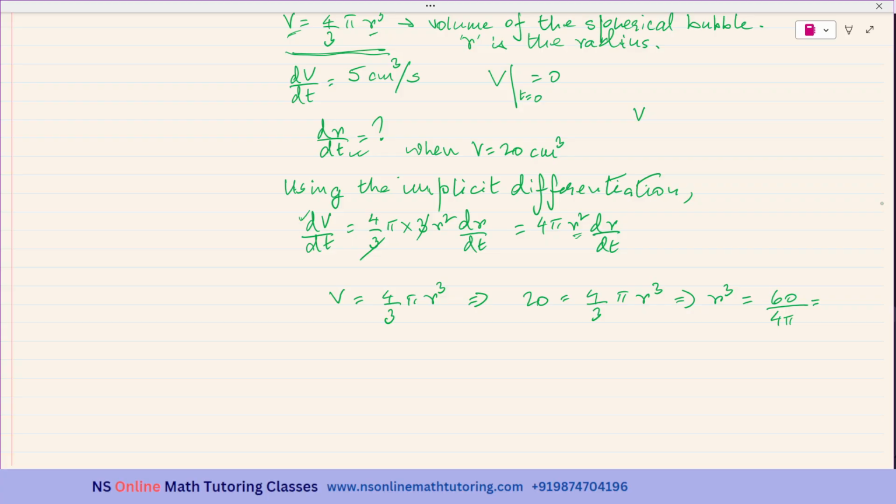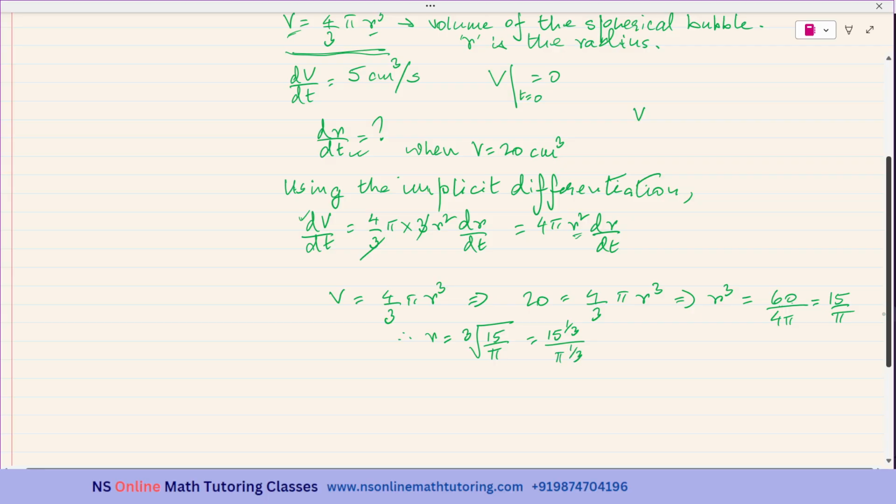And this is 15 over pi, because 60 is 4 times 15, and the 4 of the numerator and the 4 of the denominator will be getting cancelled, and we are having 15 over pi. Okay. So therefore, r is equal to cube root of 15 over pi. I can write them separately. It is 15 raised to the power of 1 over 3, and pi raised to the power of 1 over 3. Okay.